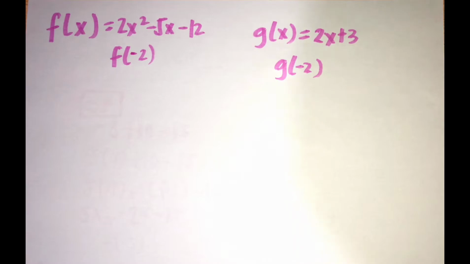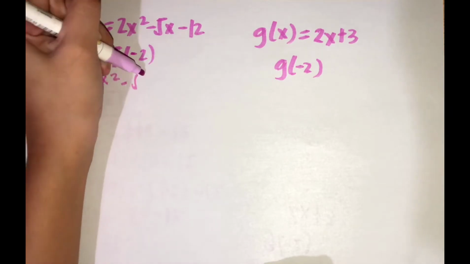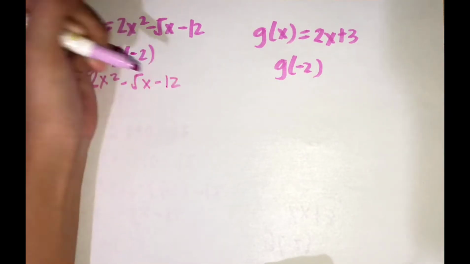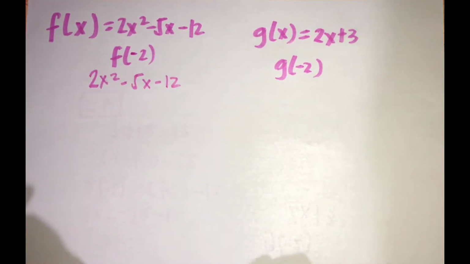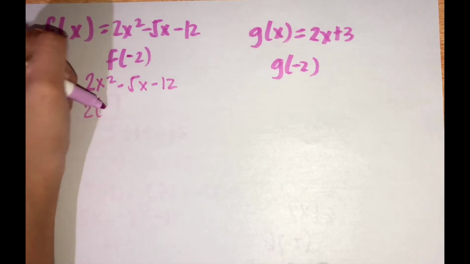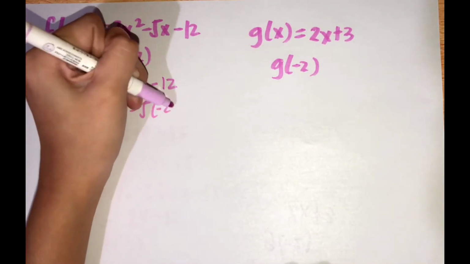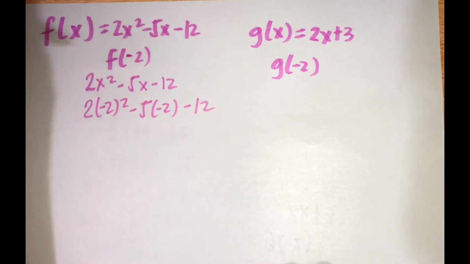We have to replace all x's with negative 2 like what we have done in the letter A. Our f of negative 2 is 2x squared minus 5x minus 12. Now let's replace x with negative 2. We'll have 2 negative 2 squared minus 5 negative 2 minus 12.